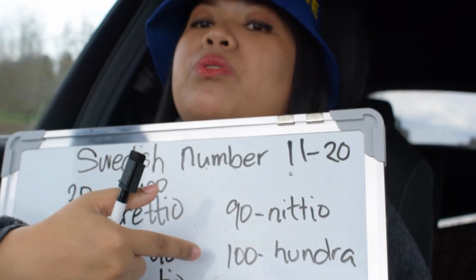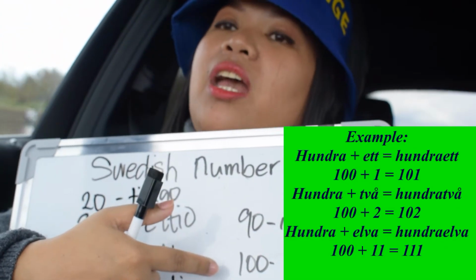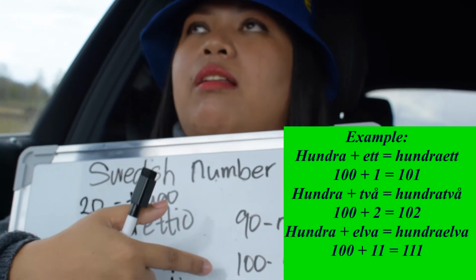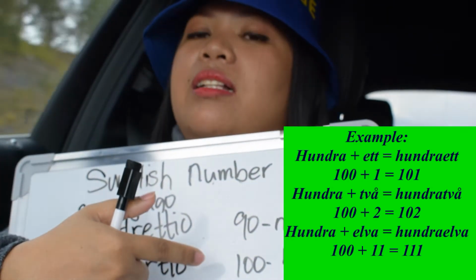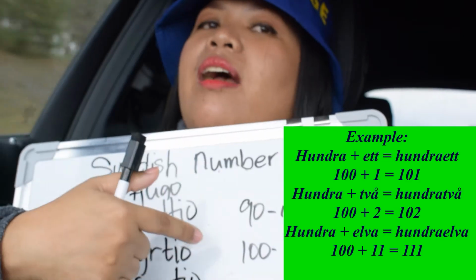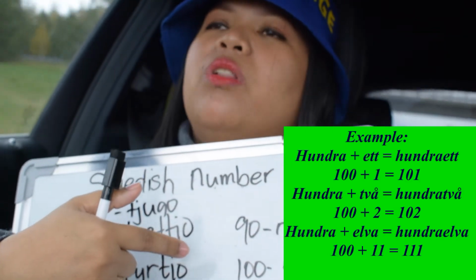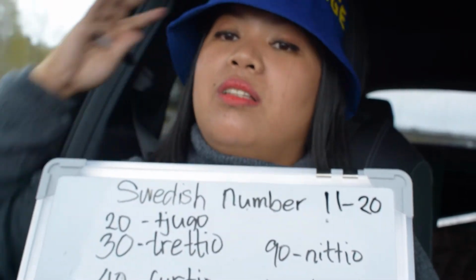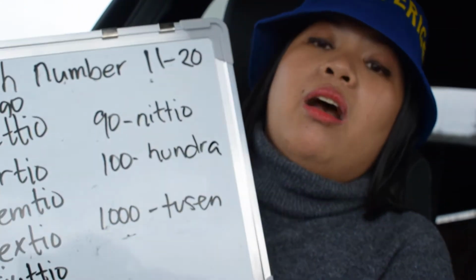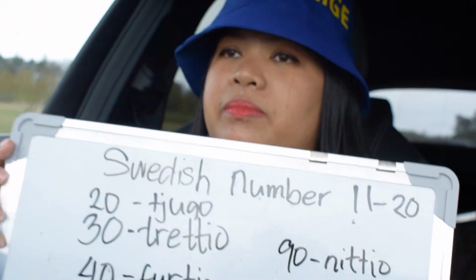When you count past 100, you just add the same: 101, 102, 103. It's a little bit easier when it comes to numbers in Sweden.